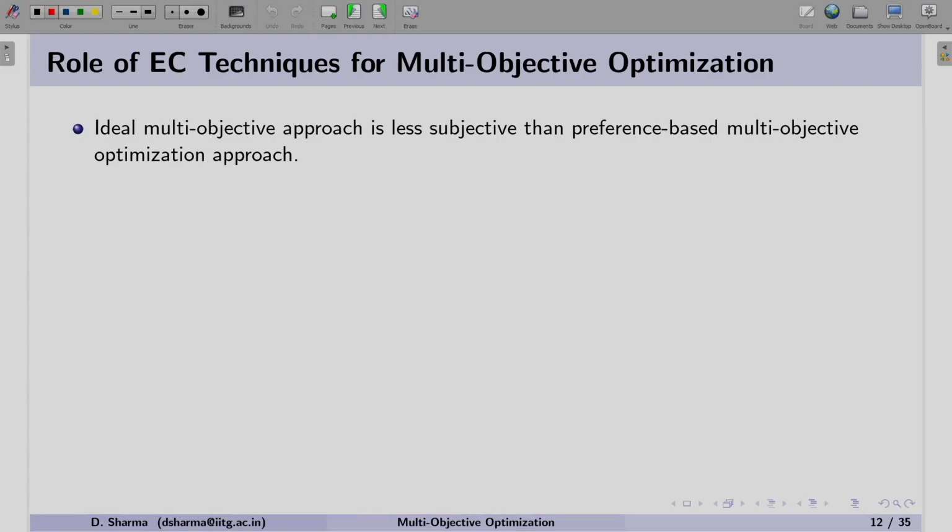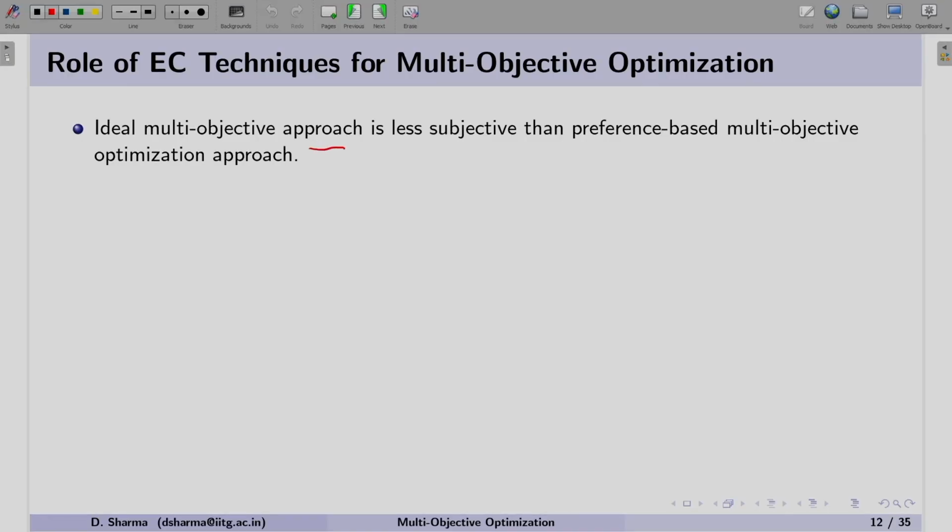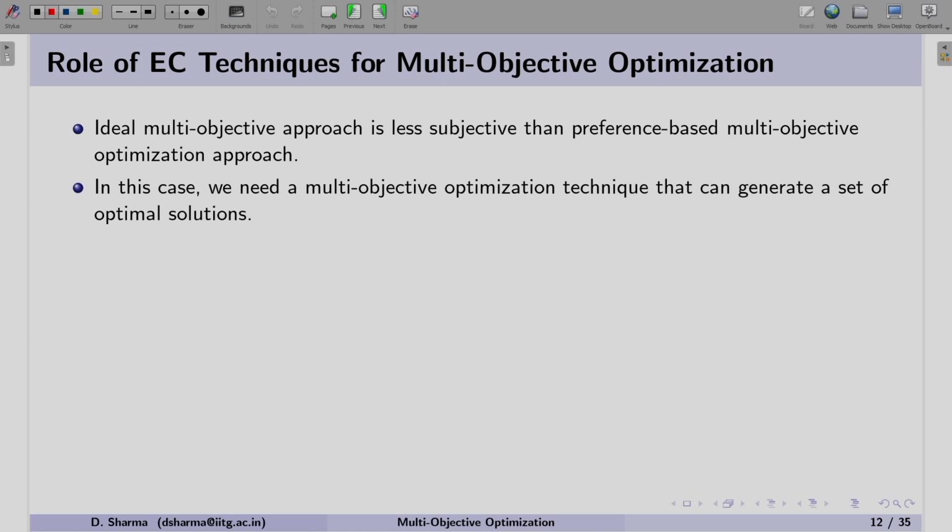Now, since we have understood these two approaches, the question is, what is the role of EC techniques for multi-objective optimization? So, let us go one by one. In the ideal multi-objective approach, as per our explanation, we can understand that it is less subjective than the preference-based multi-objective optimization approach.